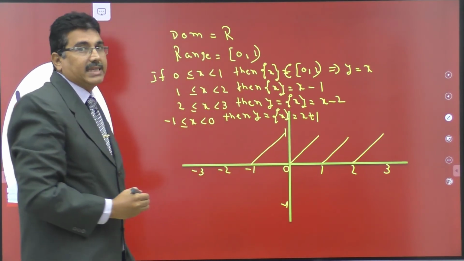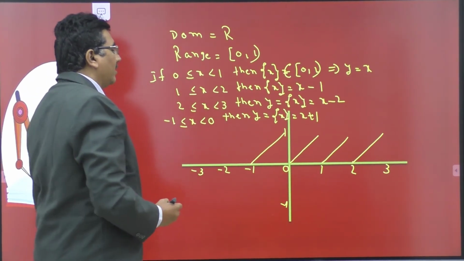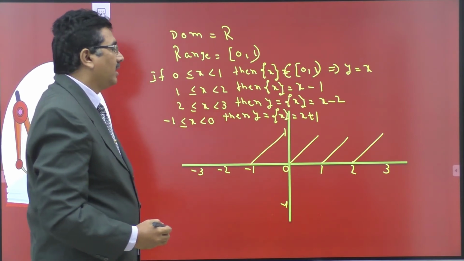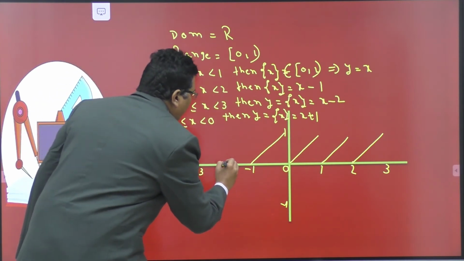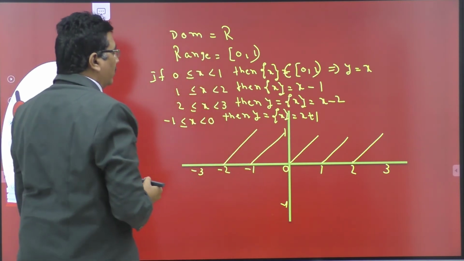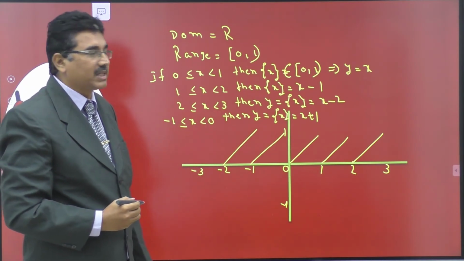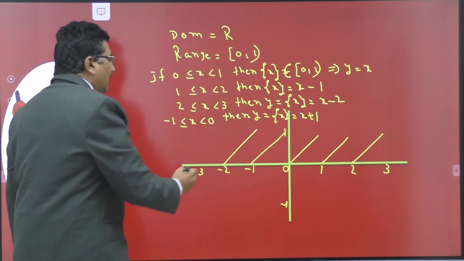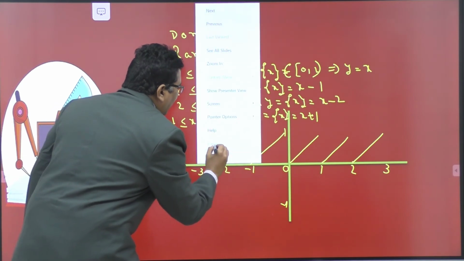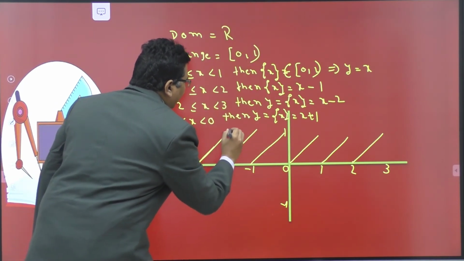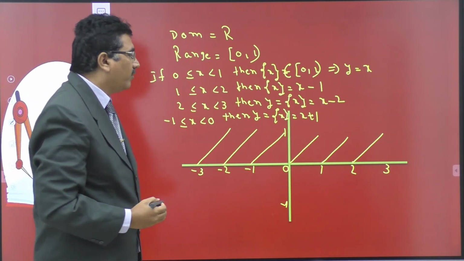If x lies between minus 2 and minus 1, the graph is a straight line, y is equal to x plus 2. Now in the interval minus 3 to minus 2, the graph is a straight line, y is equal to x plus 3, right? This is the graph of the fractional part of x.